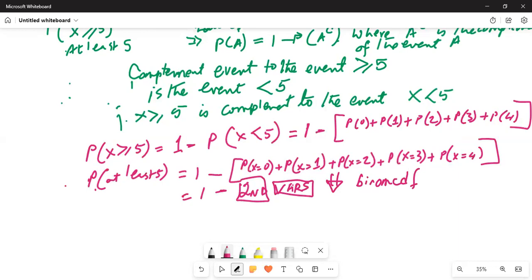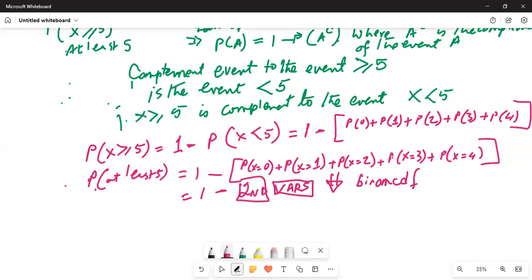So the way we do it in the calculator is 1 minus second VARS, scroll down to binomial CDF. Why CDF? Because we are adding, C stands for cumulative, starting from 0 up to 4. So when we see binomial CDF, we hit enter.